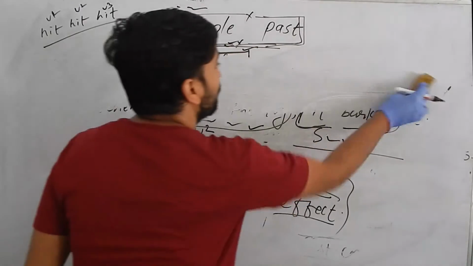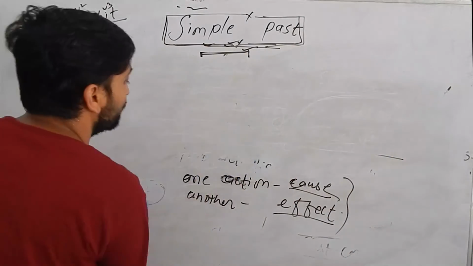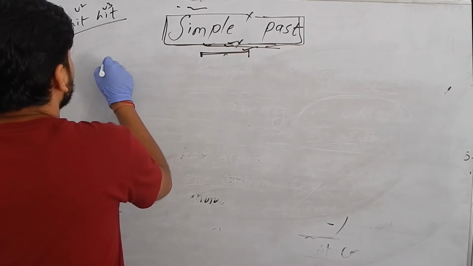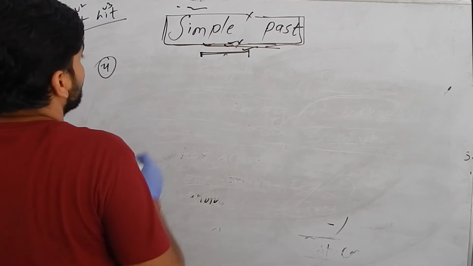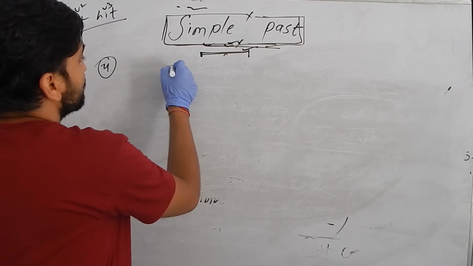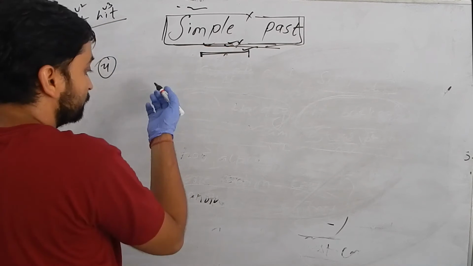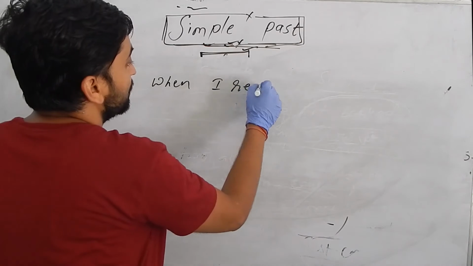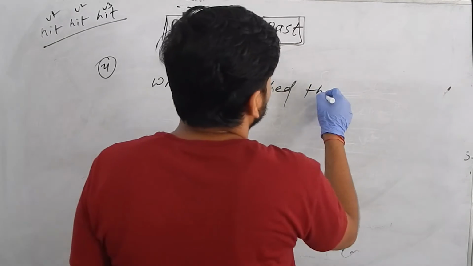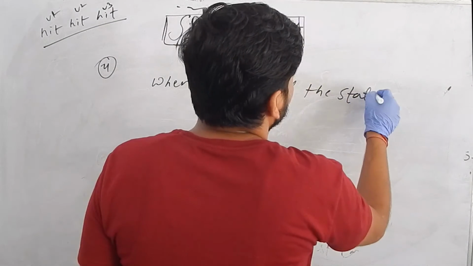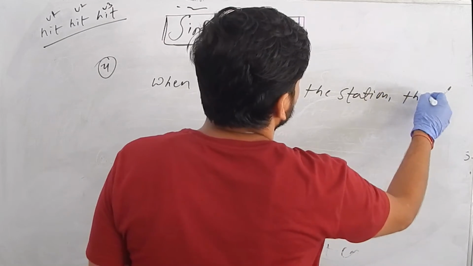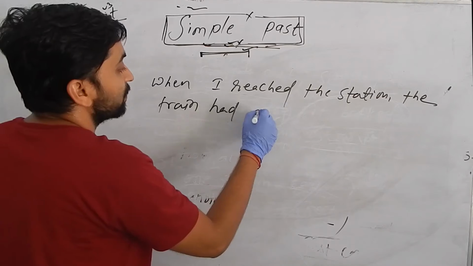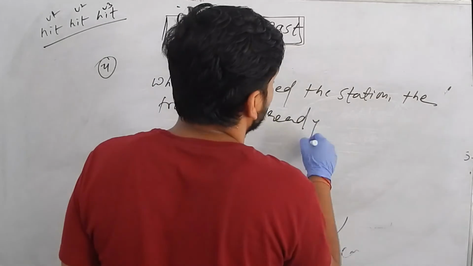Now next we are going to see one more. Let's see here. Fourth number is here. That is another use. Just see here. Like: when I reached the station, the train had already gone.